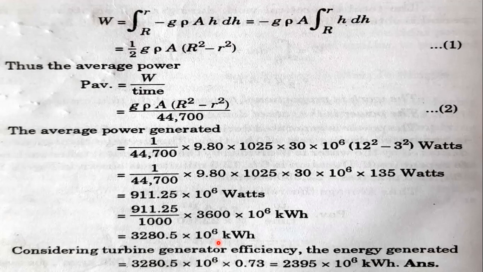So 3280.5 into 10 power 6 into 0.73 becomes 2395 into 10 power 6 kilowatt hours. These are direct formulas, no need to find the values indirectly. So this is all about the tidal systems.